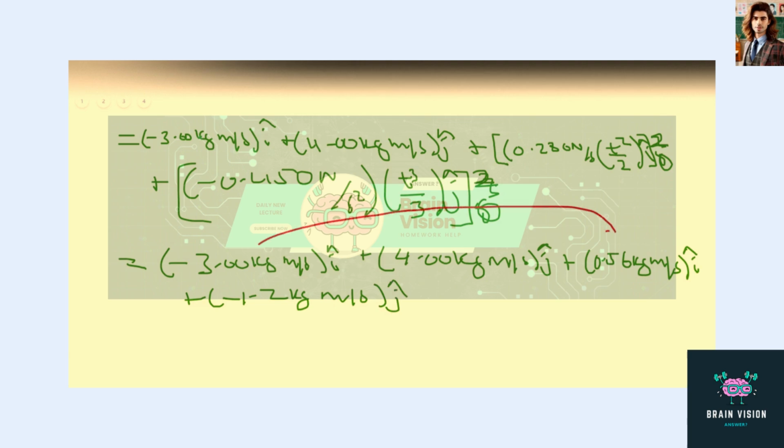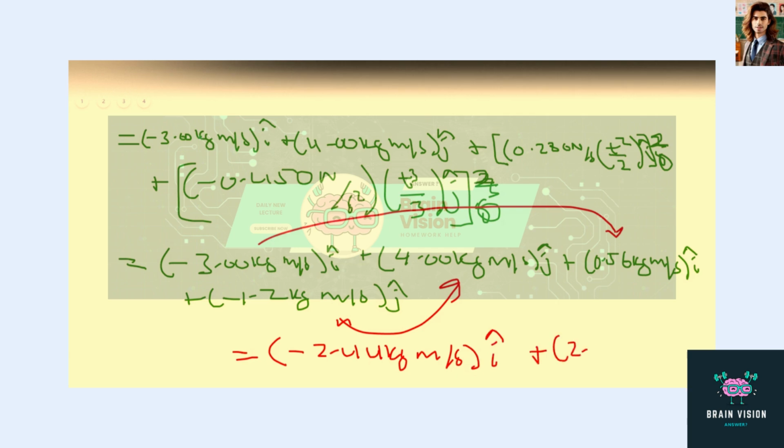Connect these two and then connect those two, and so you end up with the final answer of negative 2.44 kilogram meters per second I hat plus 2.8 kilogram meters per second J hat.